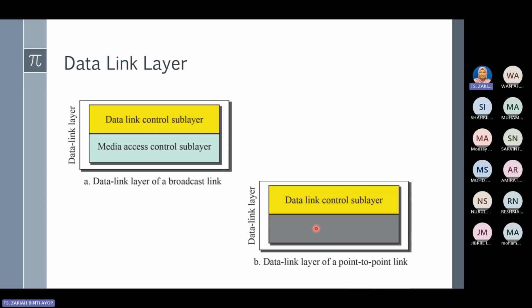That's the first choice. The second choice is to let the receiver send feedback to the sending data link layer to ask the sender to stop, or to slow down the speed of sending the frames. This is what is meant by flow control.